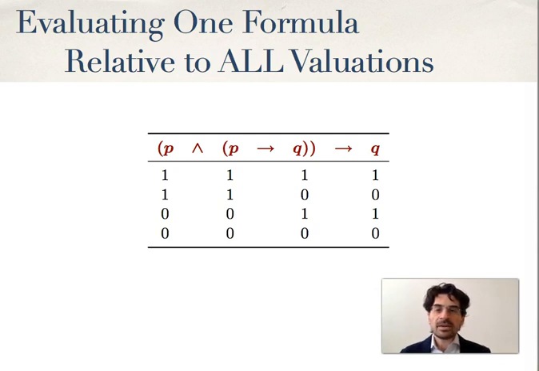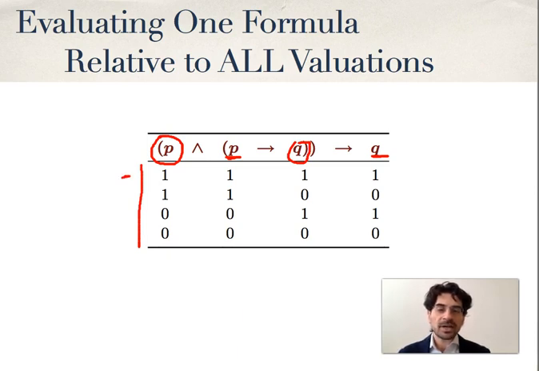The example here is the formula P and P implies Q implies Q. This formula has two atomic propositions, P, which is repeated here as well, and Q, which is repeated here as well. Since we have two atomic propositions, there are in total 4 possible valuation functions, and those are listed here.